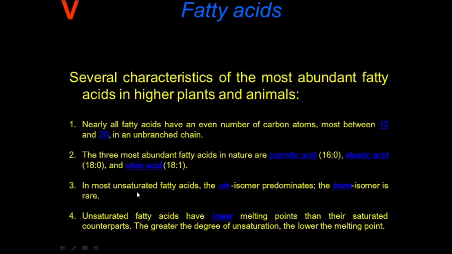In most unsaturated fatty acids, the cis isomer predominates, the trans isomer is rare. Unsaturated fatty acids have lower melting points than their saturated counterparts. The greater the degree of unsaturation, the lower the melting point.